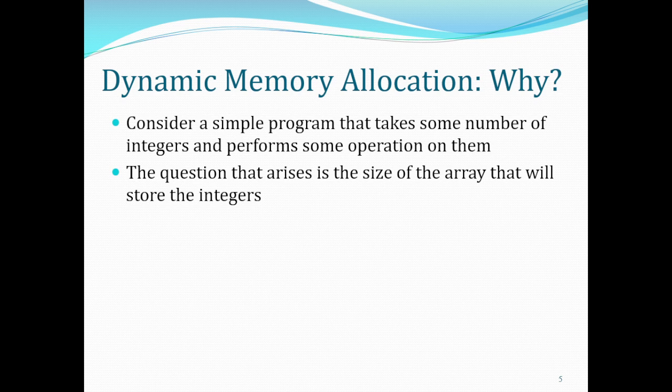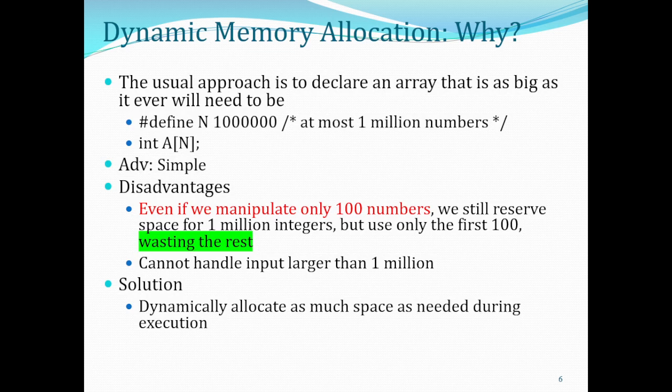So if in the runtime we need more space, we are basically asking the operating system. Let me explain this way. Let's say normally we may ask for 1 million integers.